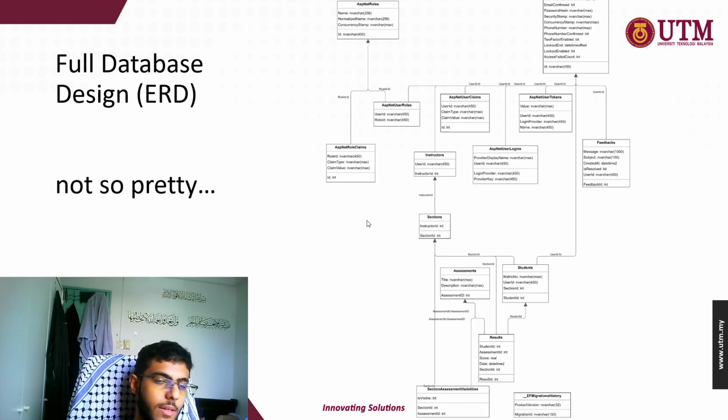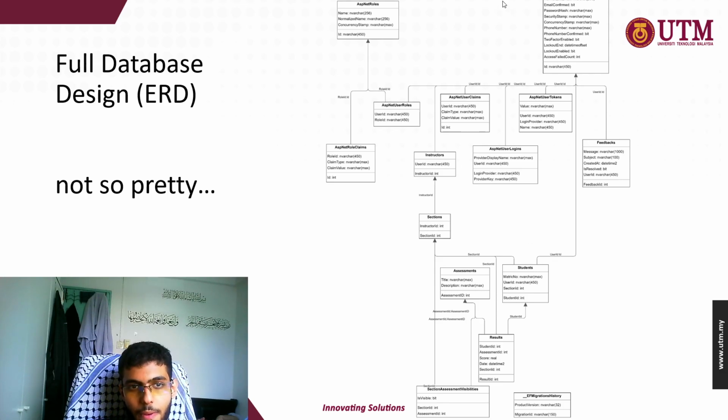Now for the ERD. As you can see, the actual ERD is very complicated and very big, it's very robust, because many of these tables are a requirement when using the ASP.NET Core Identity framework.